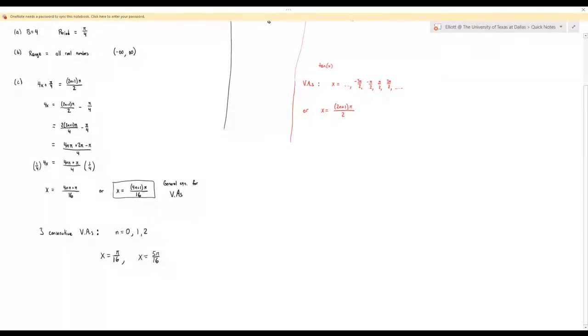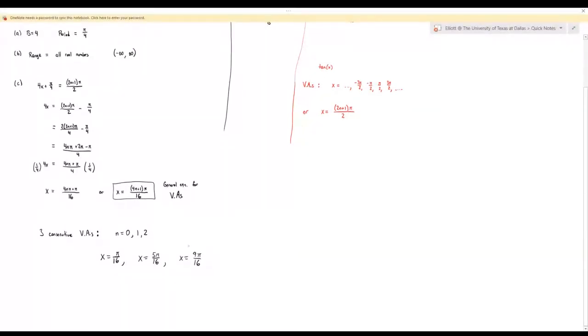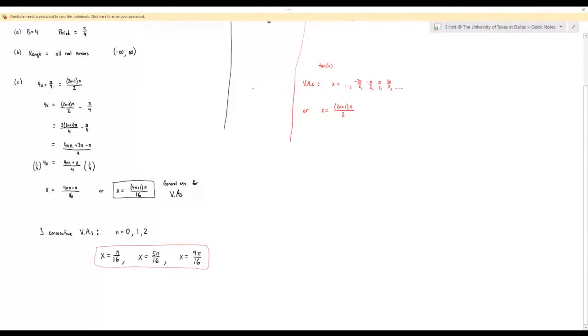Yeah, that's my bad, pi over 16. And then if I plug in n equals 2, you'll get 9 pi over 16, and that would be the next vertical asymptote. Okay. So then this will give us 3 consecutive vertical asymptotes.